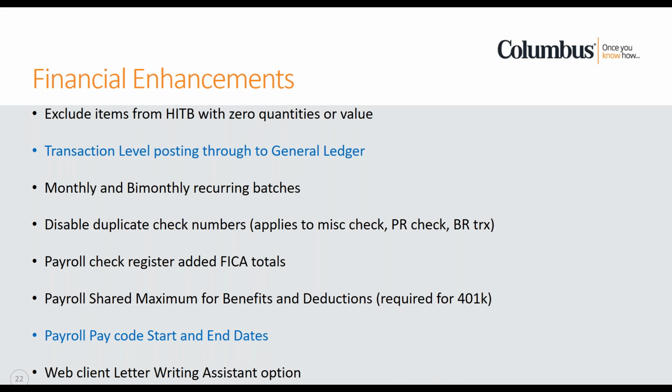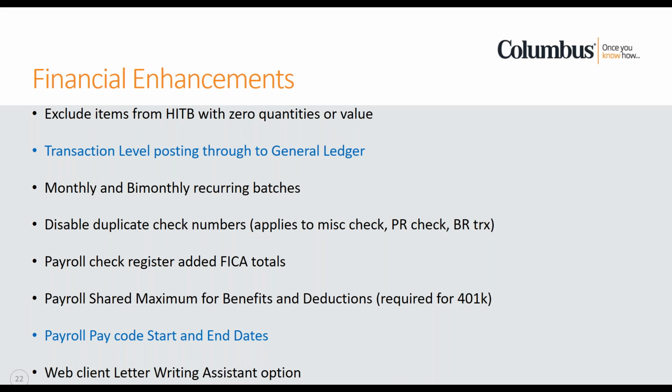A couple of things in payroll. Kind of a big thing was the payroll check register now actually has the FICA totals on it, and so I'll show you what that looks like. And yes, you could have done that in Report Writer, but why? That should be an out-of-the-box thing, and today it is.